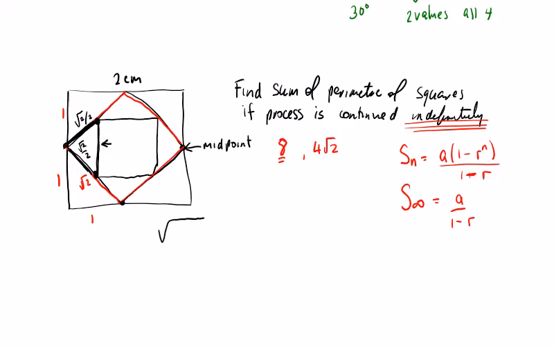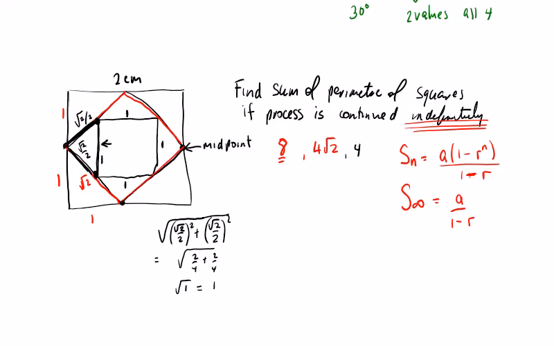So the square root of (root 2 over 2) squared plus (root 2 over 2) squared is going to be equal to the square root of 2 over 4 plus 2 over 4, which is the square root of 1, which is equal to 1. So this is a 1, this is a 1, this is a 1, and this is a 1. So the perimeter of that one is 4.